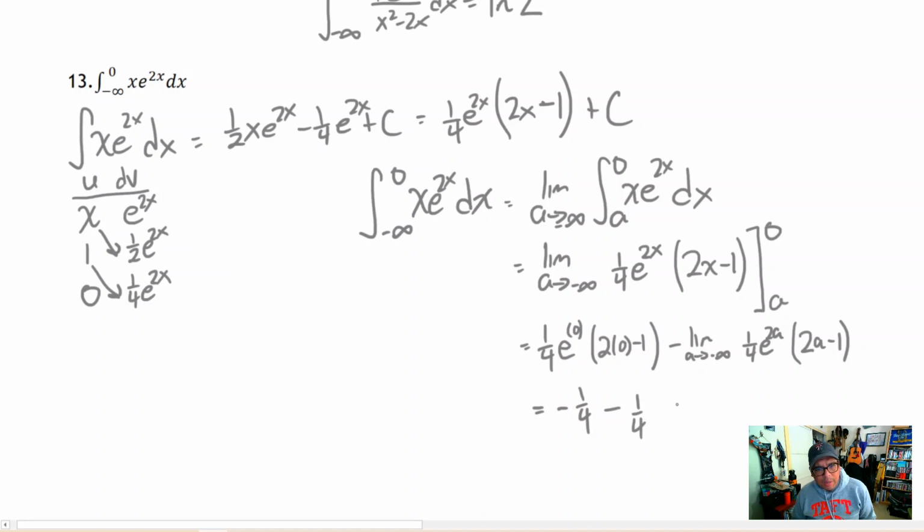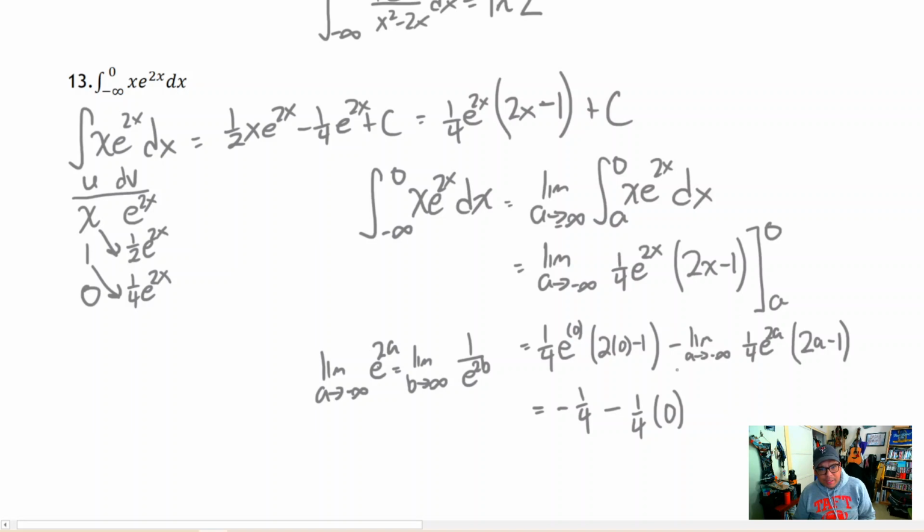But e to the 2a, as a approaches negative infinity, 2a approaches negative infinity, and e to the negative infinity means we're actually looking at 1 over e to the b, as this b goes to positive infinity. And of course, since the denominator is growing without bound, this is going to go to 0.